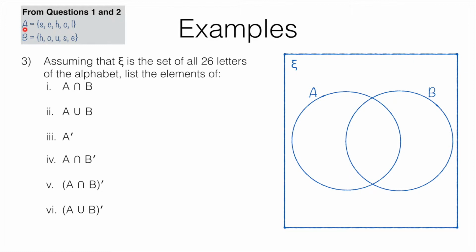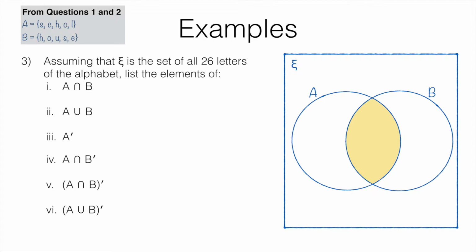So remember, A is the set of the letters in the word school. B is the set of letters in the word house. And we need to fill these in here and then worry about all the other 26 letters of the alphabet. It's often easiest to start with this region in the middle first. This region that I've shaded in is in set A, but it's also in set B. So the letters that need to go in here are those letters that are in the word school and also in the word house.